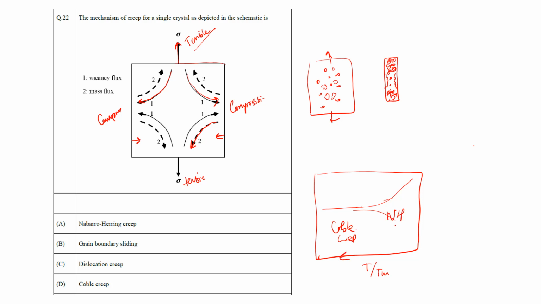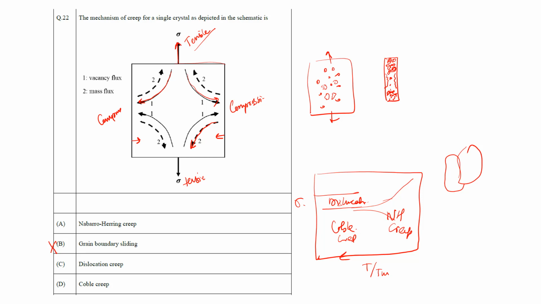Then we have Nabarro-Herring creep. Then at higher stress we have dislocation glide or dislocation creep. Then we also have grain boundary sliding, but for that we need different grains, and since here it is a single grain, that will not be the choice.